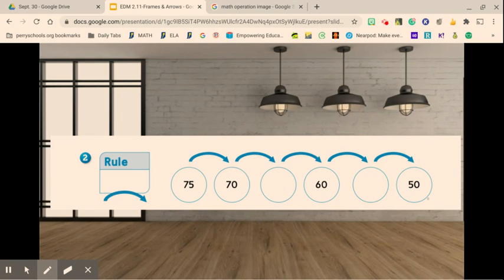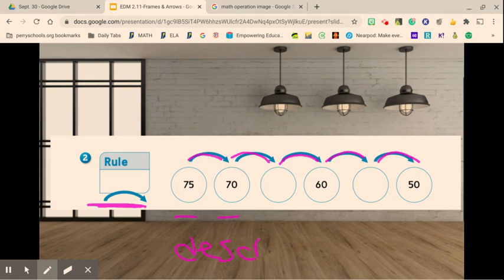Looking at the next one, now this is a different type of arrow because I don't know what my rule is. I have to figure out what's happening every time we make a jump. So one thing that I notice when I make jumps, I start at 75 and then I go to 70, so my number decreases.